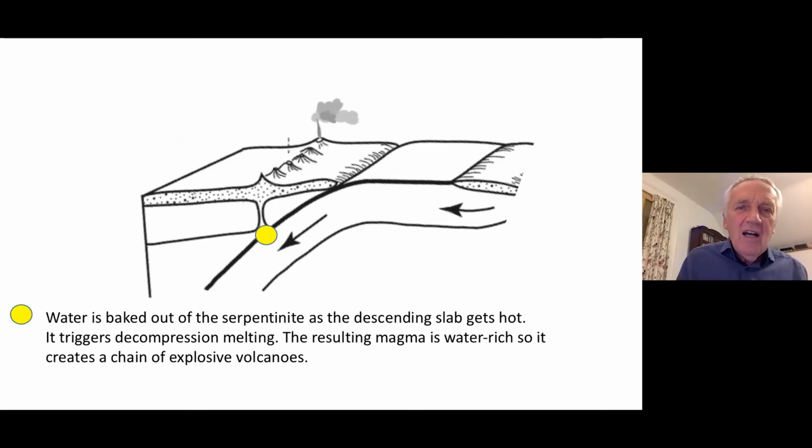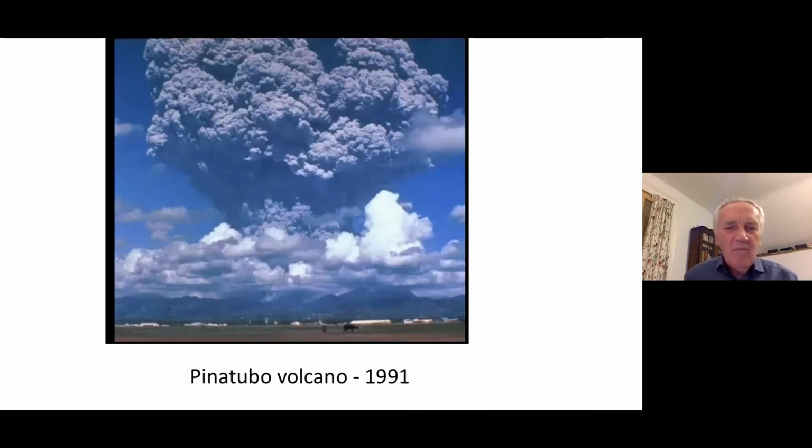So above the place where the plate is descending, we have chains of volcanoes, and chains of volcanoes are particularly well known all around the Pacific Ocean where this process is going on, called the Ring of Fire. And we get magnificent explosive volcanoes like Pinatubo, which erupted in 1991.